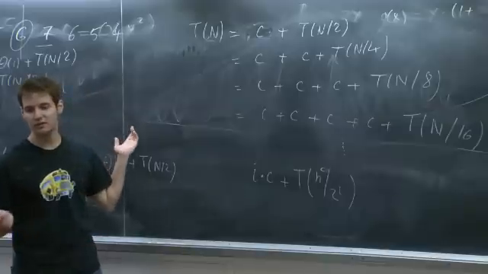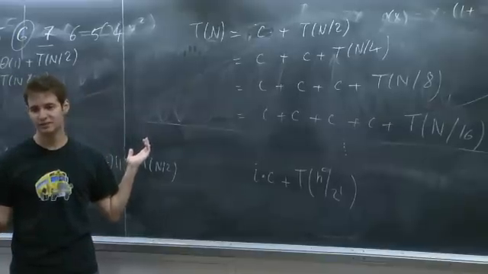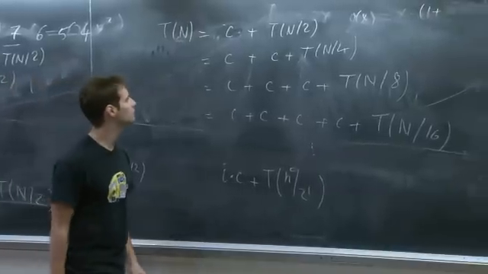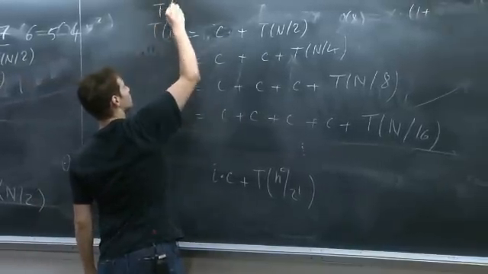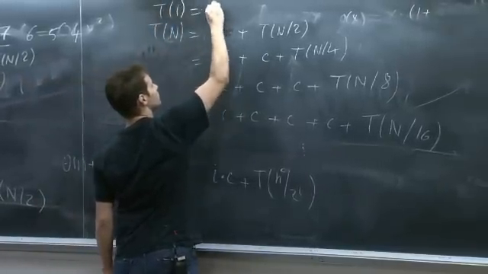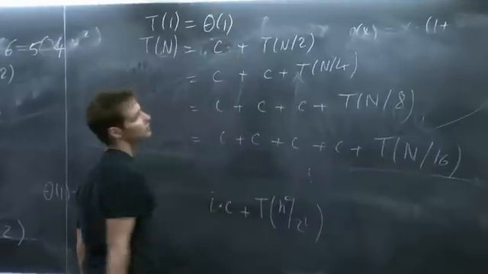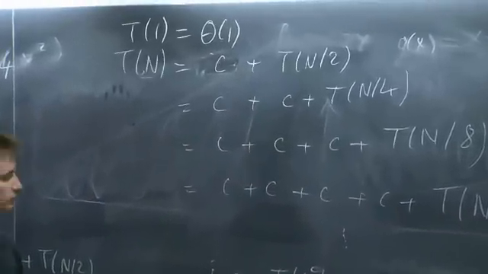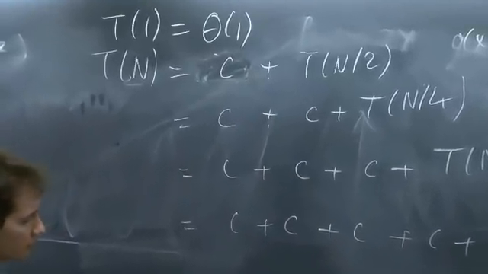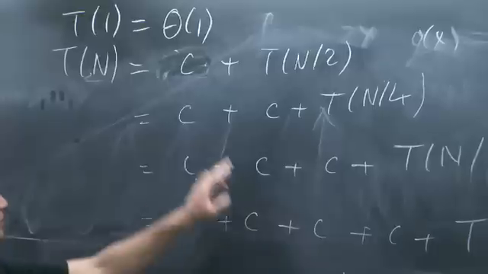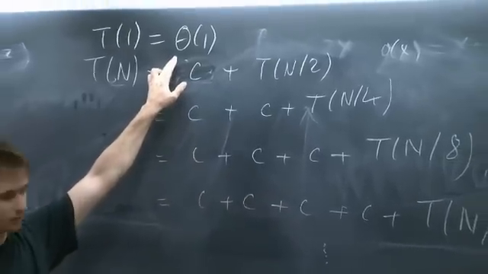Okay, so if I have an array of one element, it's a peak, right? Job done. So T of 1 is a constant. So I want to write this in such a way that this becomes this.